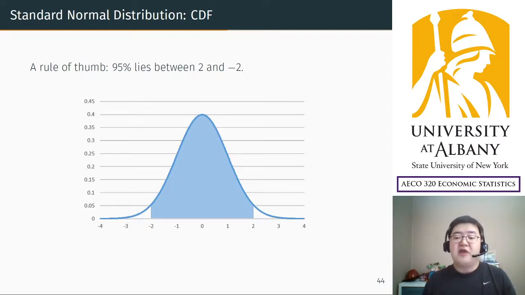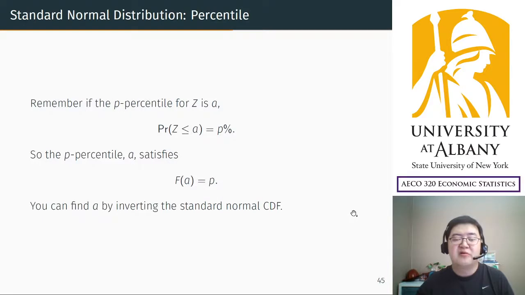Okay, so far it was okay and easier to understand. But from now on, it could be more interesting and more confusing. It's truly, definitely, it can be confusing. So now we will consider percentile.